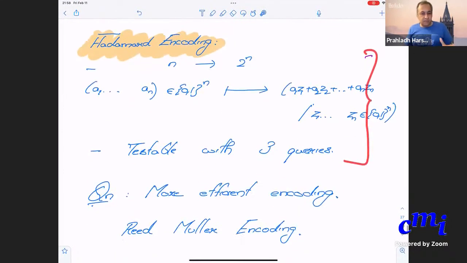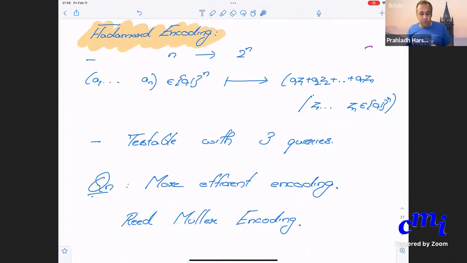It so happens there's something called the Reed-Muller encoding. Do I have how much time? I'll take a few more minutes to say what the Reed-Muller encoding is and then conclude the talk. What was the Hadamard encoding? One way of viewing the Hadamard encoding is the following.